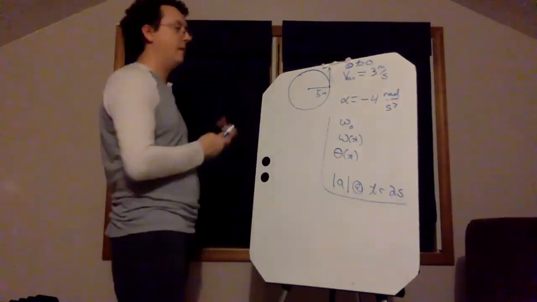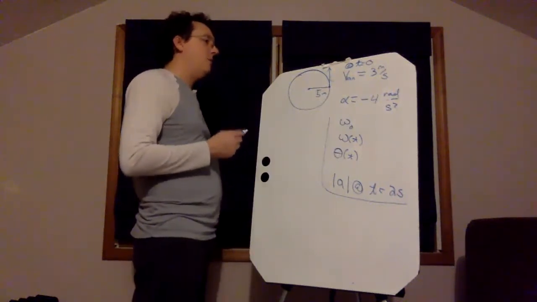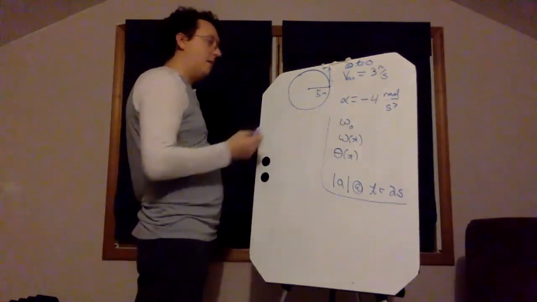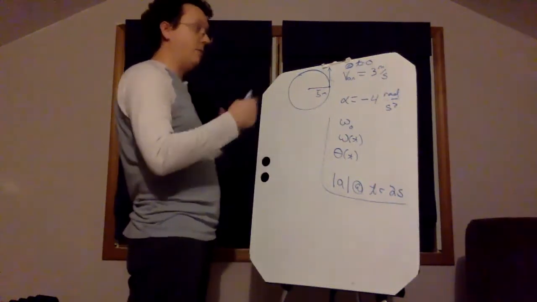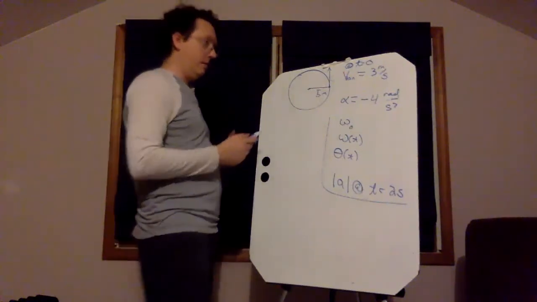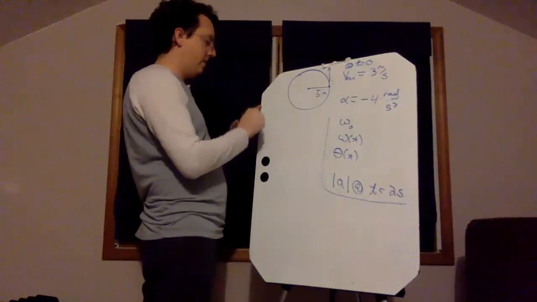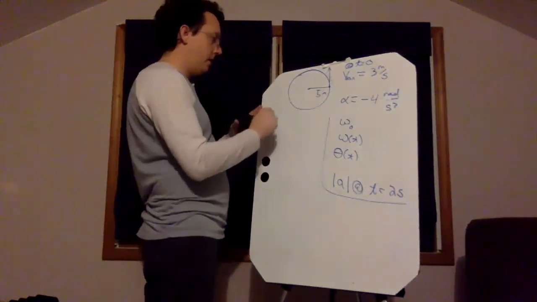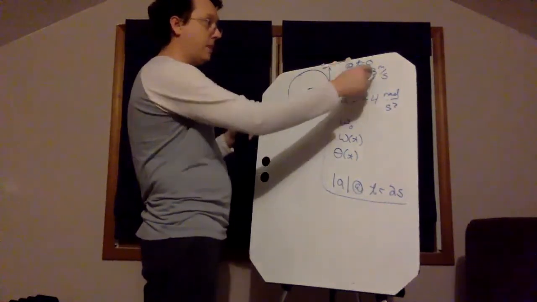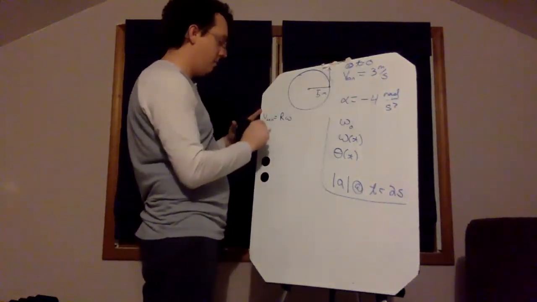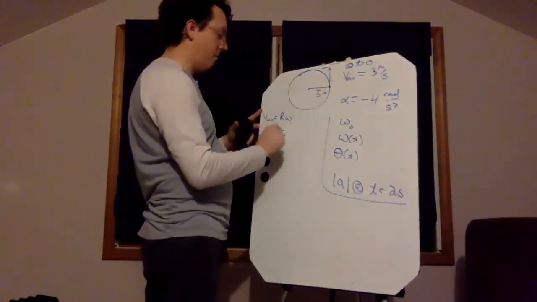Let's go through that. Omega initial. Well, to find the initial value of omega, I have to think about what it means and how it's related to what's in the problem. And this is going to be the useful fact. I know that V tan equals R times omega. And so at time equals 0, the tangential velocity is 3 meters per second. The radius is 5 meters.